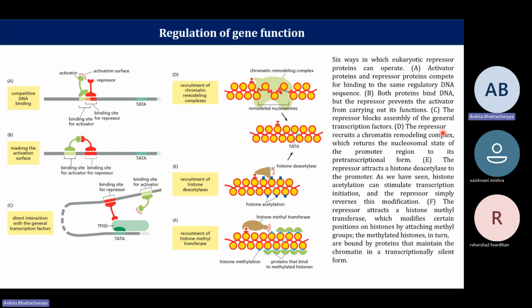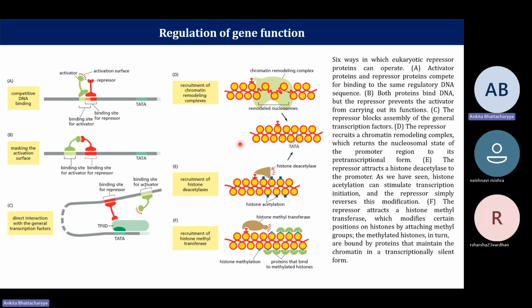Thirdly, the repressor recruits a remodeling complex, which returns this nucleosomal state to the pre-transcriptional form, whereby other transcription factors cannot be recruited. Then the chromatin remodelers can come and bind, which prevent expression from occurring in that region.